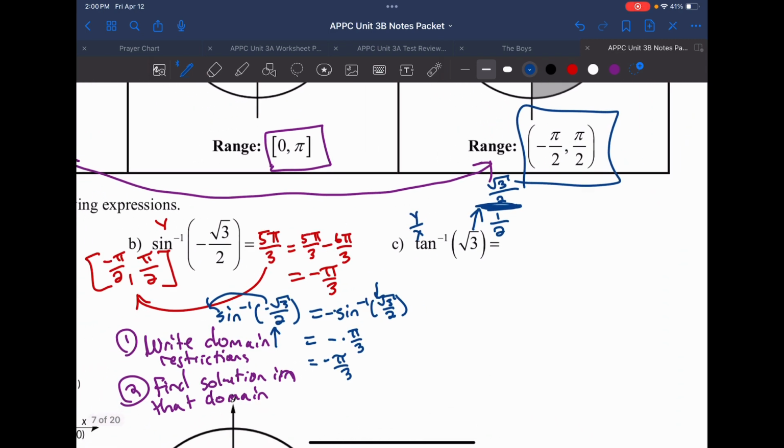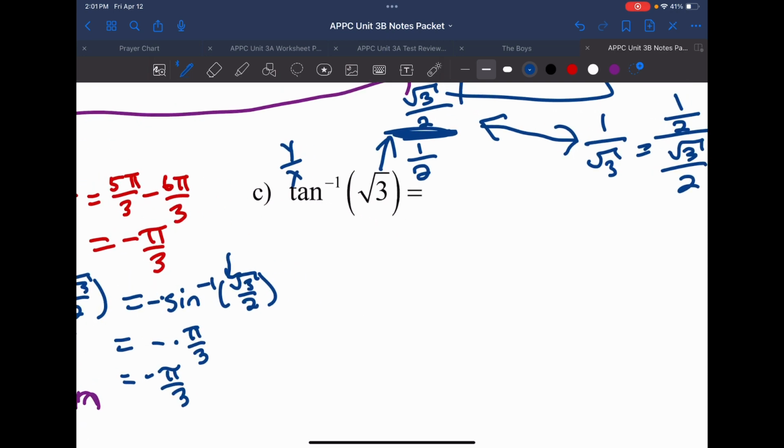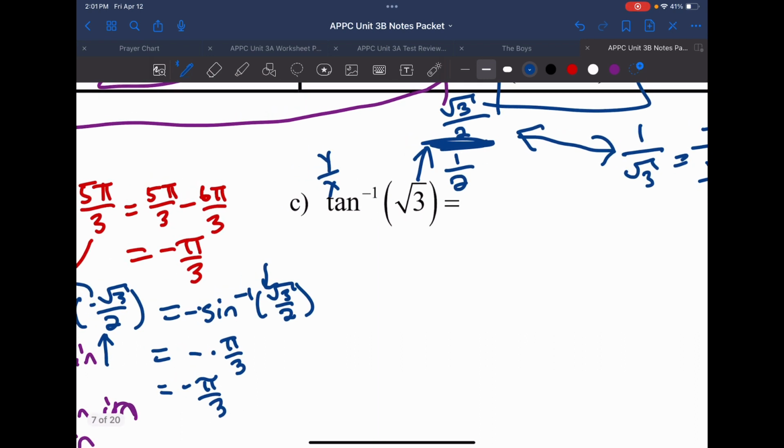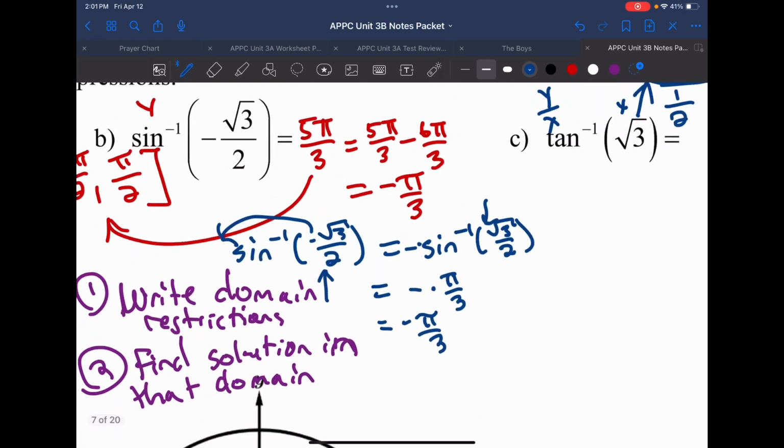If I'm looking for 1 over the square root of 3, I'm looking for 1/2 divided by square root of 3 over 2. Those are the main two, actually, that you'll need to have, okay? So when I'm looking at this, I'm looking for when those are going to divide out to that. So I'm looking for when y is that and x is that.